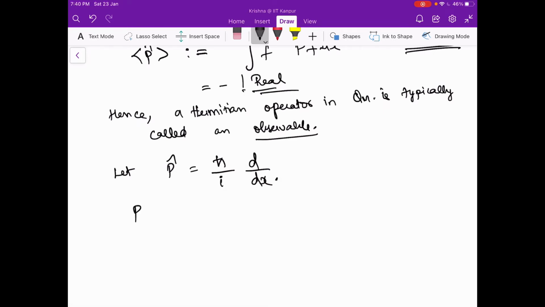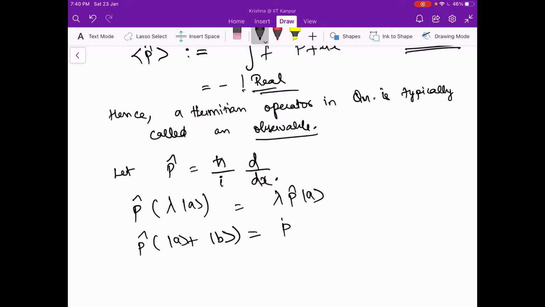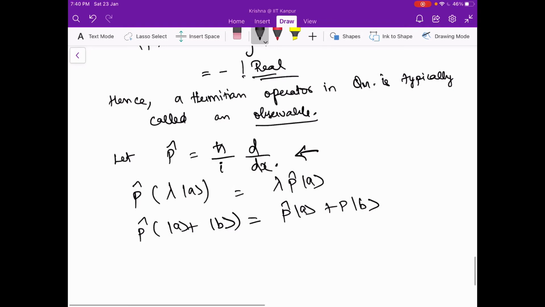P acting on lambda A gives lambda times P acting on A, and P acting on A plus B gives P acting on A plus P acting on B. So if we define P like this, it is clear that P is going to be linear, because both of these are going to be true, and hence P is a linear operator.